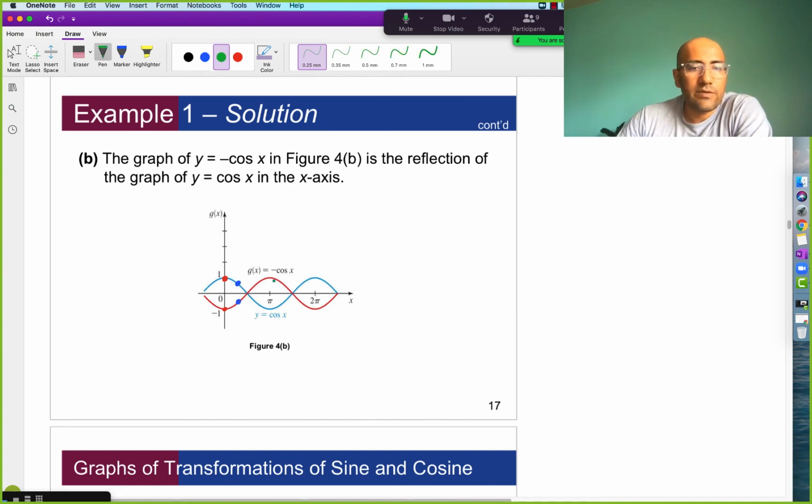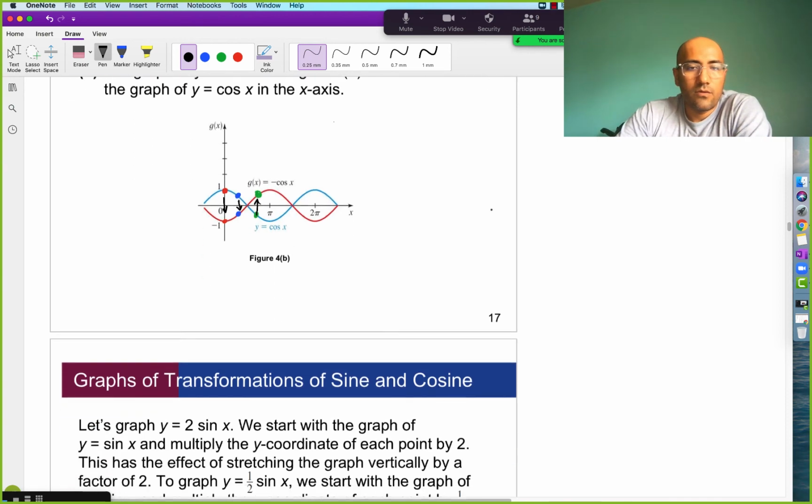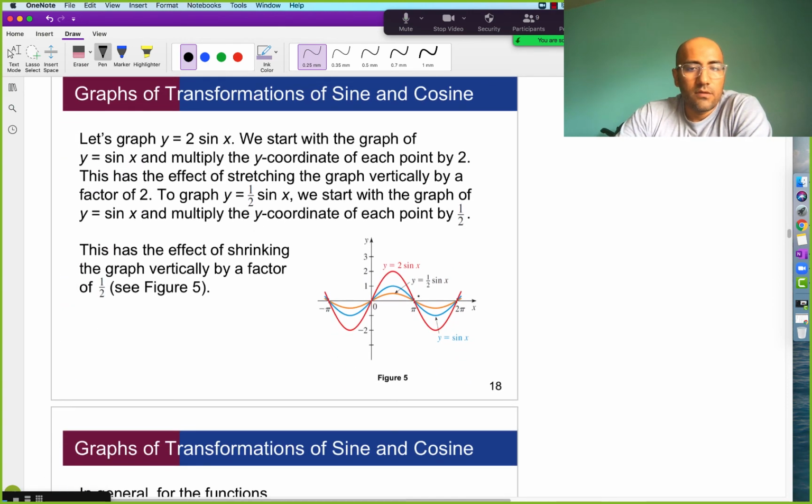And of course 0 is 0. And a point there, used to be there, travels there. Good. So this one travels down that way. This one travels down that way. This one travels up to that one. Good. And eventually we get this graph.